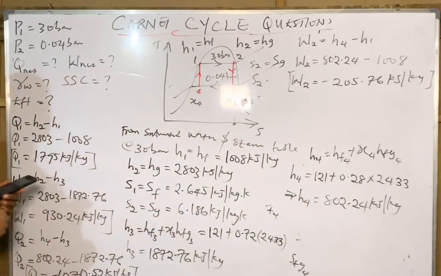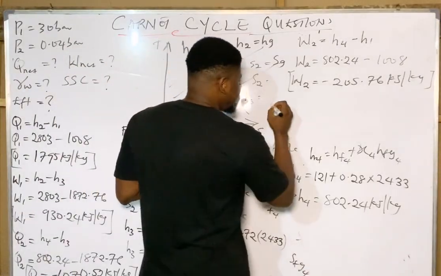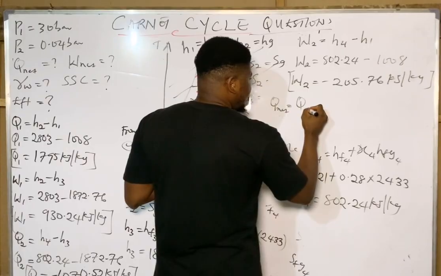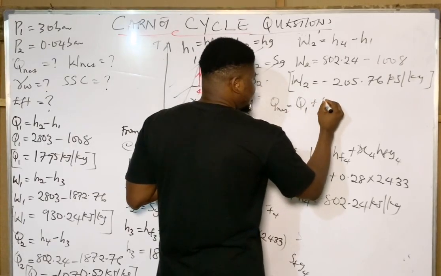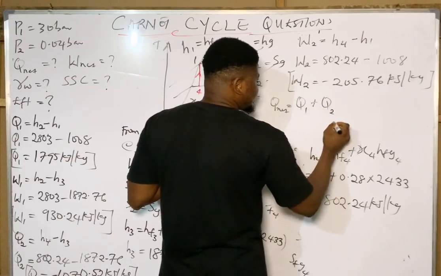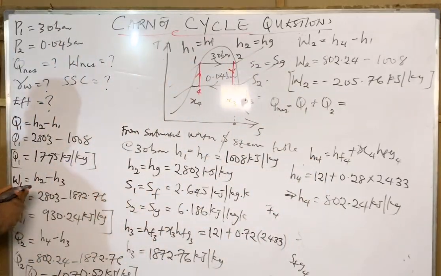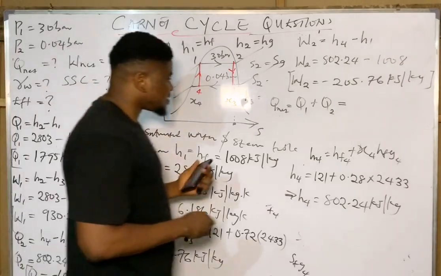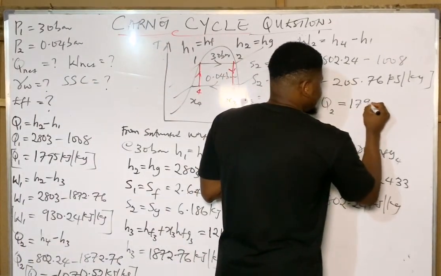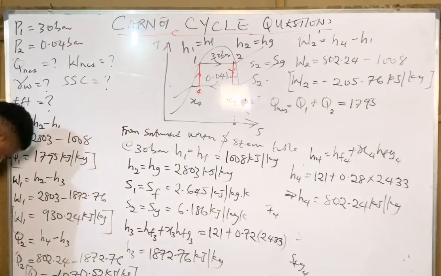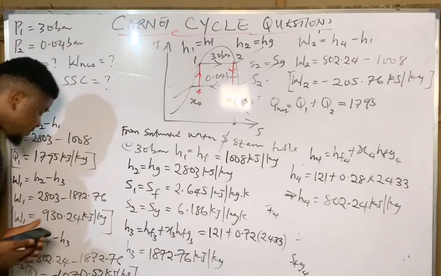Let's start solving. The first question says we should find the net heat transferred. Net heat equals the heat from the heater plus the heat removed from the cooler. So this is going to be equal to heat supplied Q1, which gave us 1795, plus heat rejected Q2, which gave us negative 1070.52.